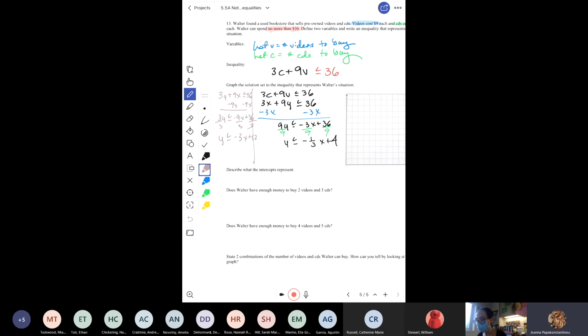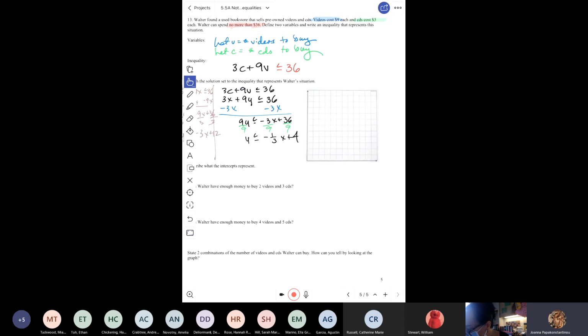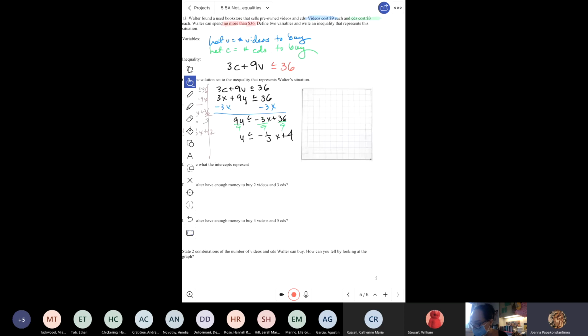Do you see the difference? Two totally different equations gives us two totally different solutions. It's going to give us the same answer in terms of the number of CDs and such we can buy, but it makes a difference what you're solving for, right? Now, that was an aside. Let's go back to what we were doing here.